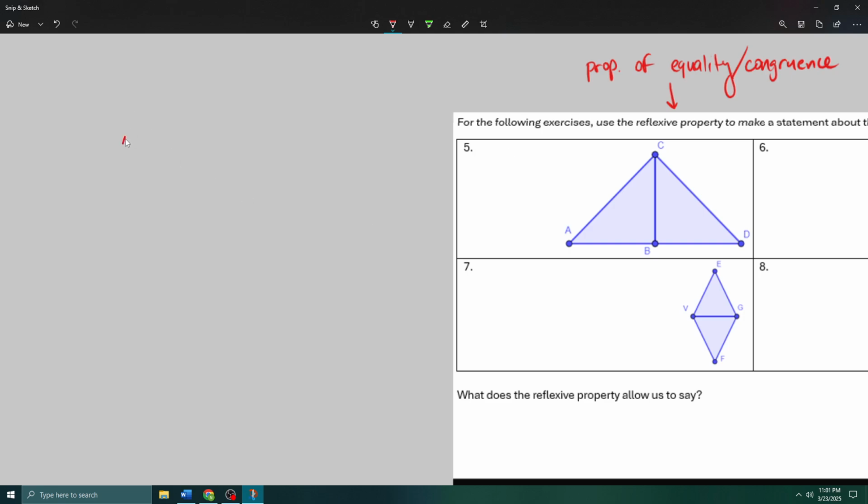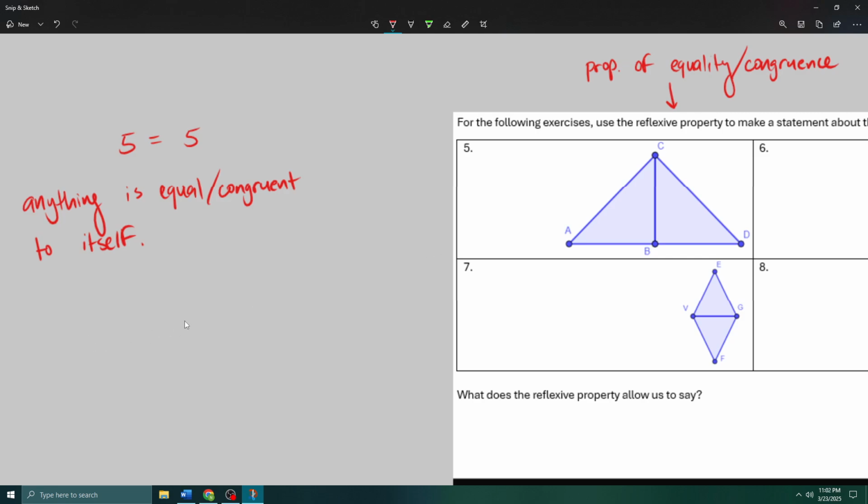Well, it allows us to say that 5 is equal to 5, right? Anything is congruent to itself. Anything is equal or congruent, depending on what's more relevant, right? To itself. Not too bad.